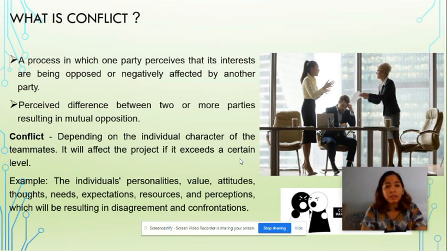Conflict, depending on the individual character of the teammate, will affect the project if it exceeds a certain level. For example, individual personality, value, attitude, thought, need, expectation, resource, and perception, which result in disagreement and confrontation.